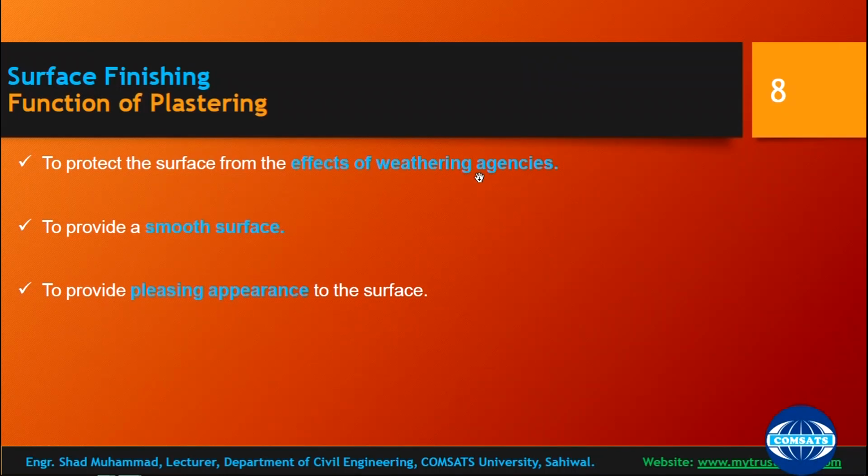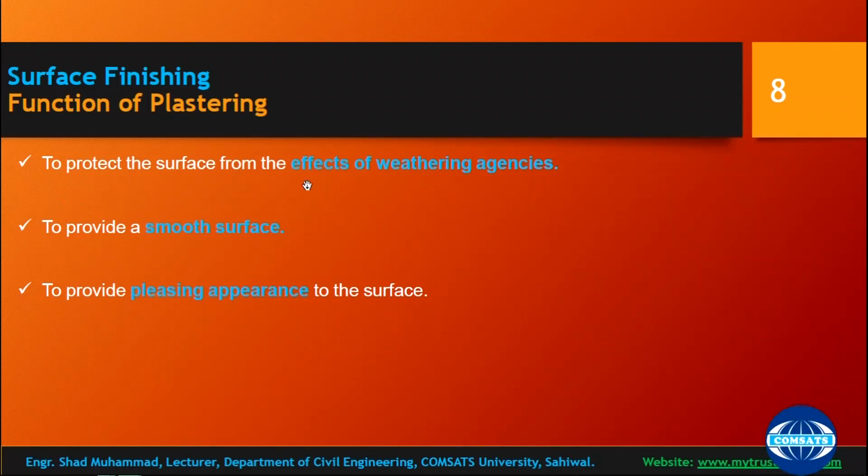Weathering agencies include rain and winds, which might include hurricanes, tornadoes, mild winds, gusts, and other weathering agencies, including extreme heat from the sun on summer days.